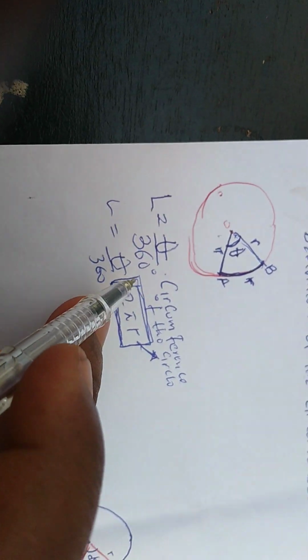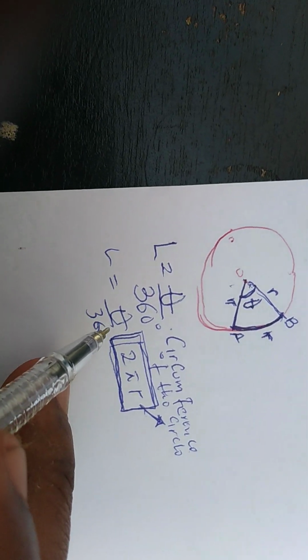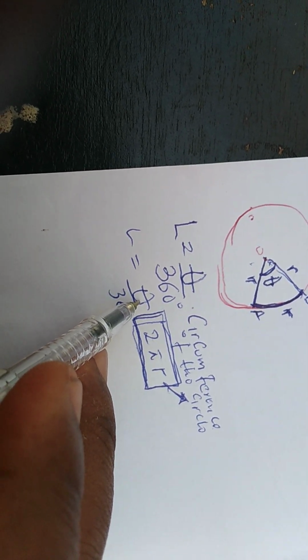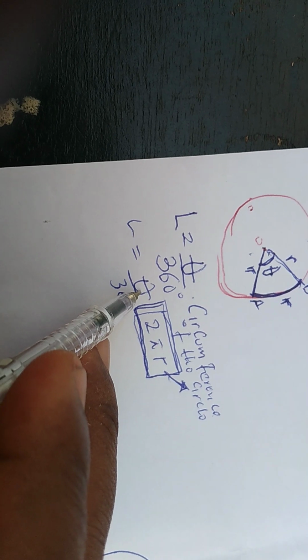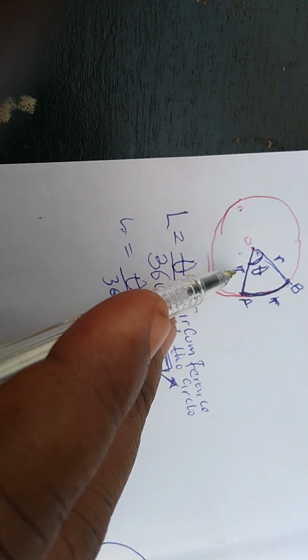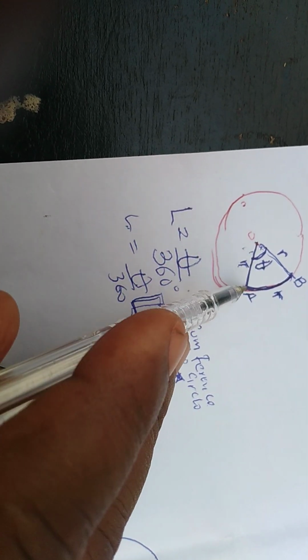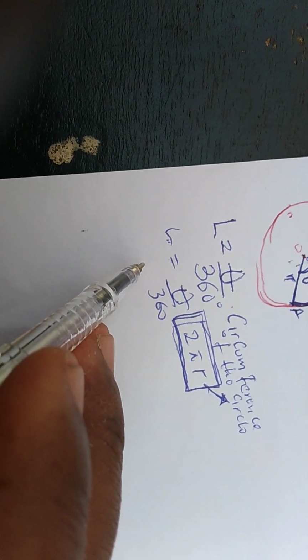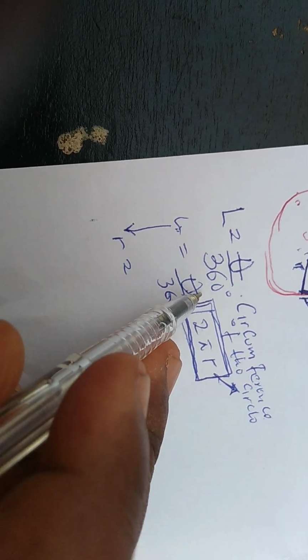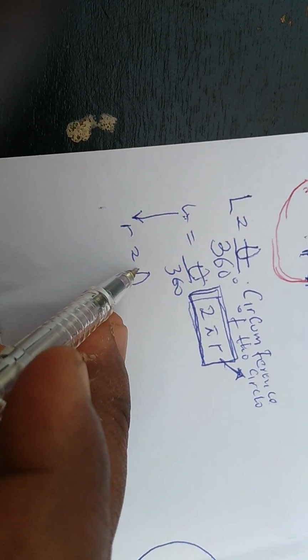But before we go into that, this angle theta in degree will become angle in radian when the length L becomes r, the radius of the circle. So in a nutshell, if the length becomes the radius of the circle, then this angle is no longer in degree, it's in radian.